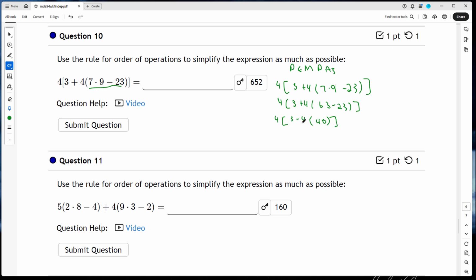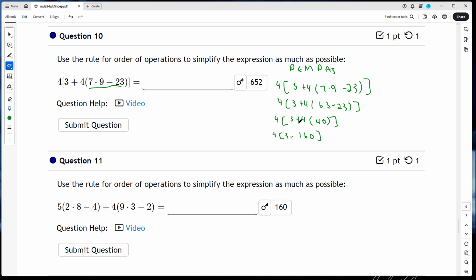And then inside these brackets here, no more operators here, so we go out. 4 times 4 is 16, so we have 4 bracket 3 minus 4 times 40 is minus 160 here. And we end up with 160, there's a plus there.